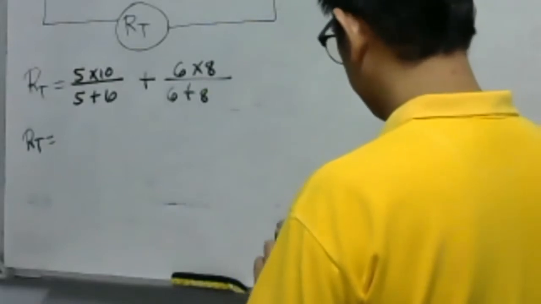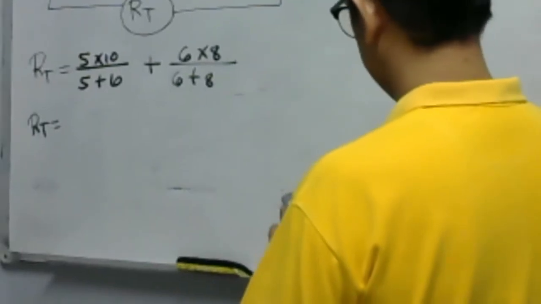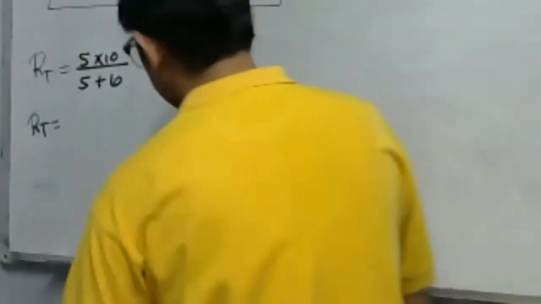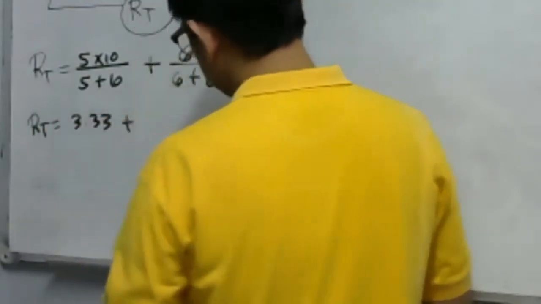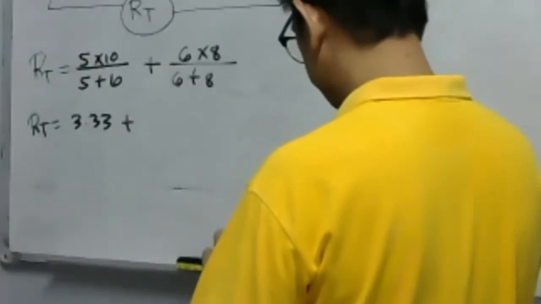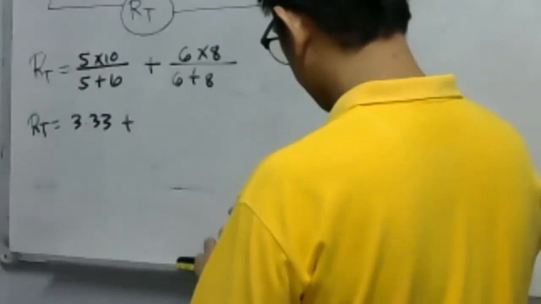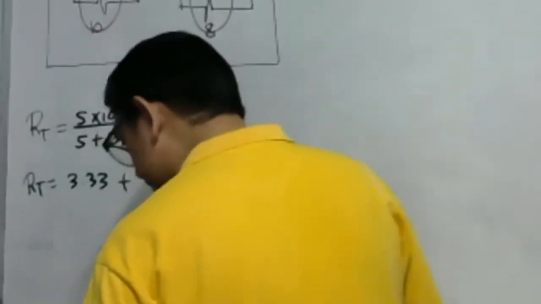So we have here 50 divided by 15 equals 3.33. Then plus 6 times 8 divided by 14, so it is 3.43.